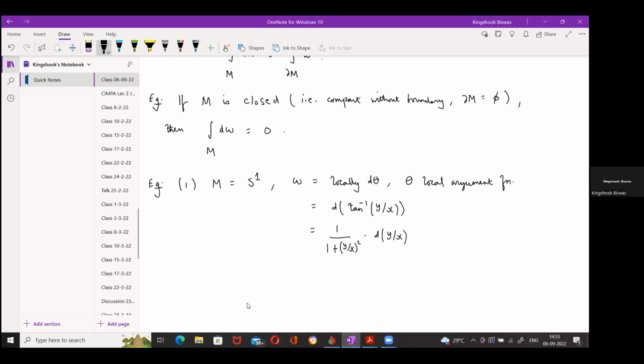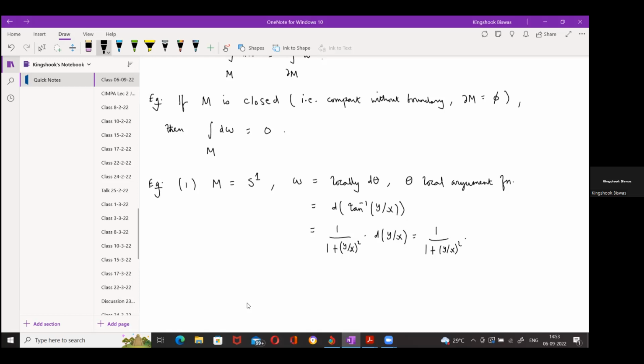So this will be 1 over 1 plus y over x whole squared, into d of y over x. What will d of y over x be? It's just the quotient rule, or the product rule if you like.